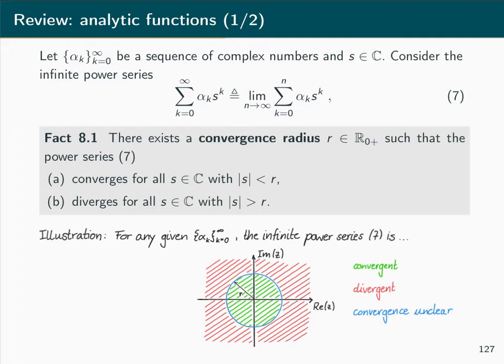In fact, what happens exactly on the disk is quite complicated and it cannot be stated in general, which means that the power series might converge for some of the values on this disk and it might diverge for others. So fact 8.1 actually doesn't make any statement about what's happening on the boundary of the disk.